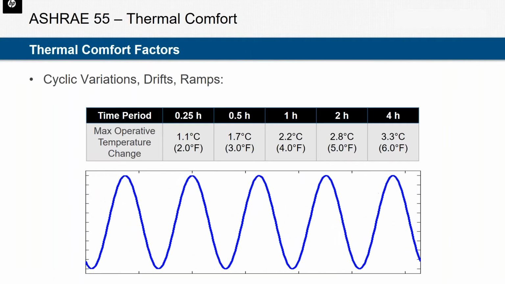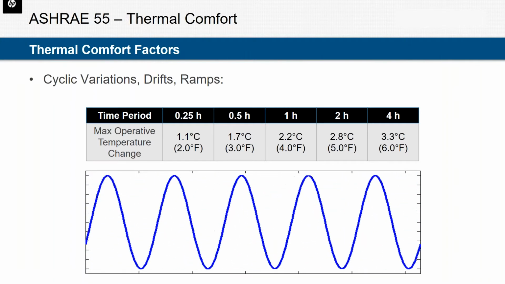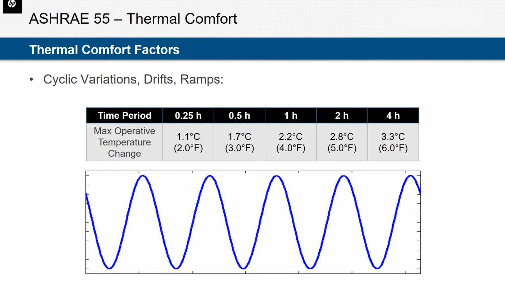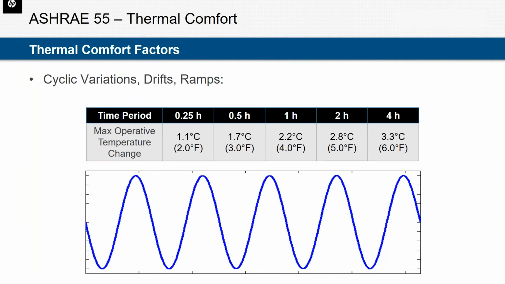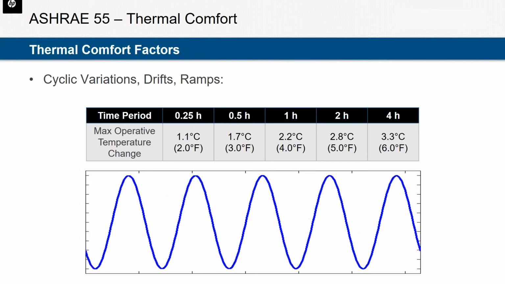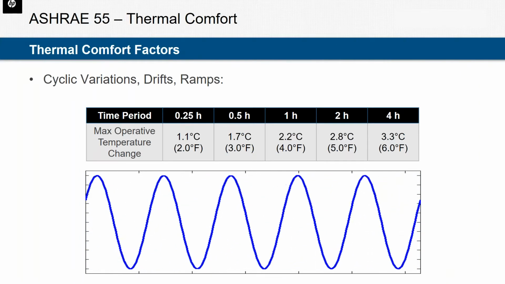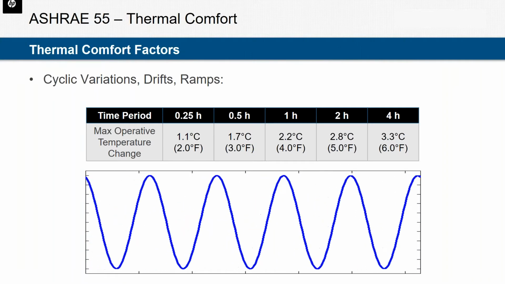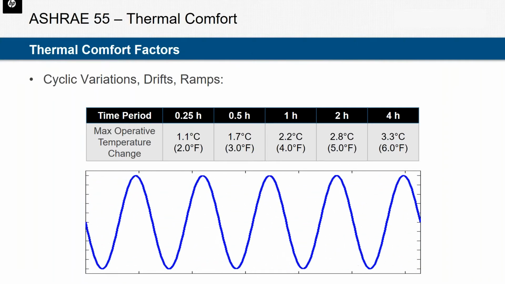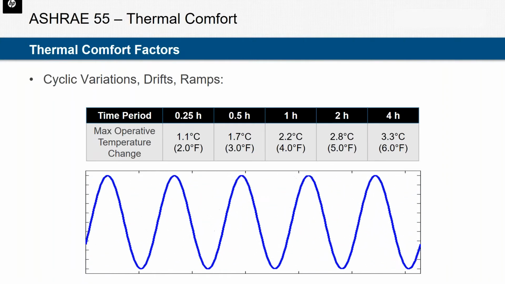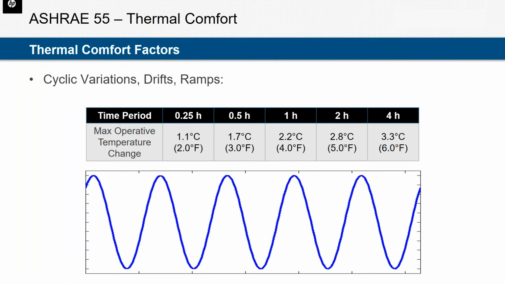But if that temperature cycles too quickly or at too high of a magnitude, that will trigger a discomfort response in our heads. The amount the air is able to fluctuate in temperature depends on the amount of time that it's fluctuating, based on these limits presented here. So even say, for example, in this time period, 1/4 of an hour, the temperature can fluctuate by 2 degrees Fahrenheit.